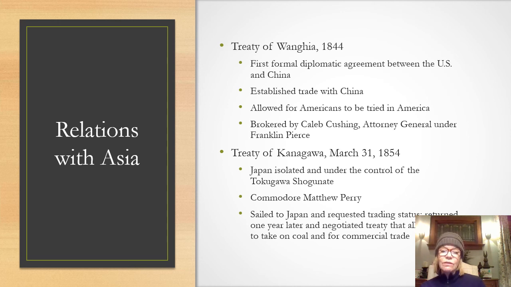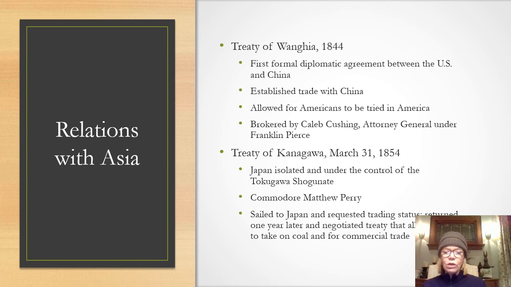And then we get the Treaty of Kanagawa in 1854. Commodore Matthew Perry went there with these big, powerful American steamships. The Japanese weren't so sure about that. They weren't as technologically advanced. And Perry said, we want to trade with you. I'll give you a year to consider it. He comes back a year later, and they opened up trade.